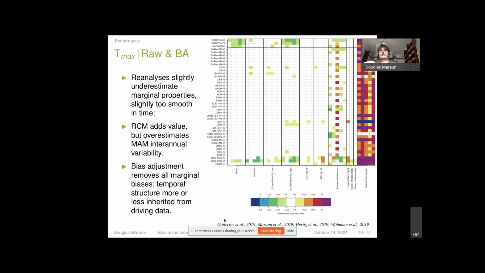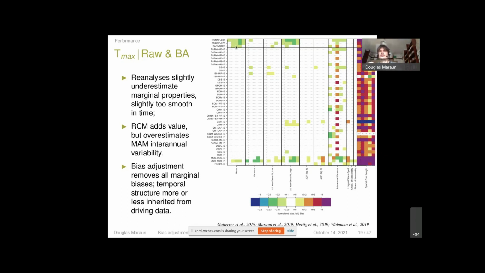So this is now for temperature. And what we did is we used, again, reanalysis data, purely reanalysis data. They are biased against observations, of course, and they have got a coarser resolution. And then we also used reanalysis, which was downscaled with an RCM.